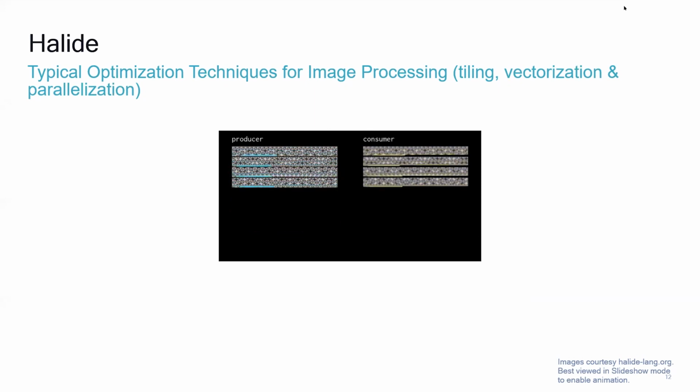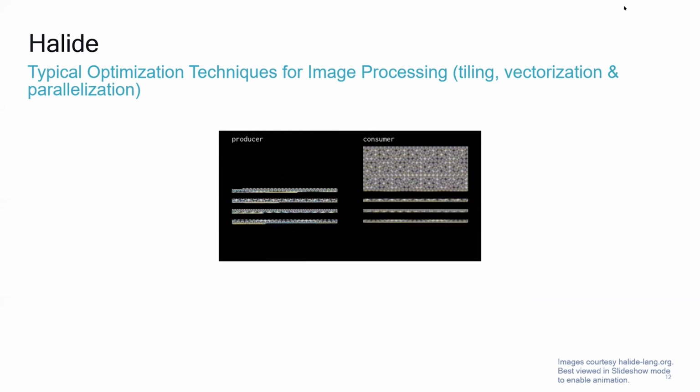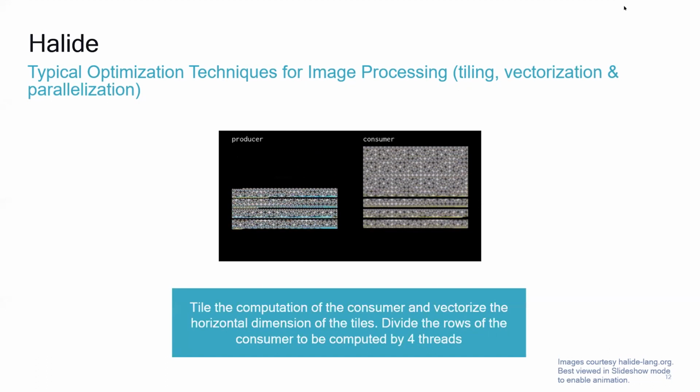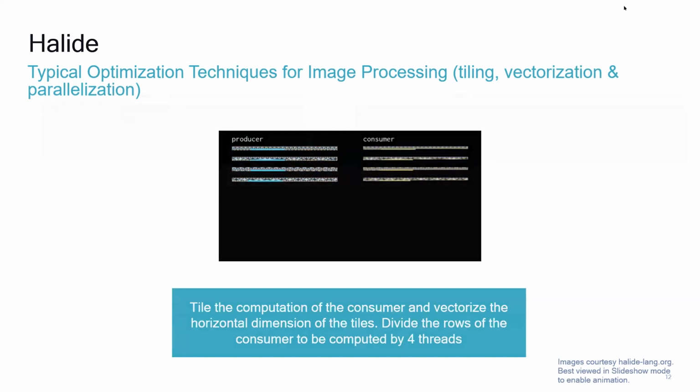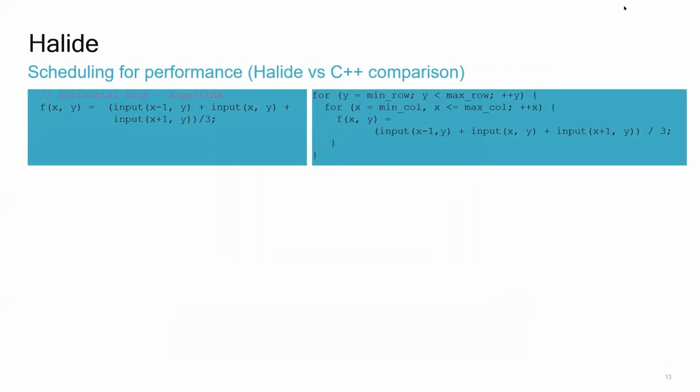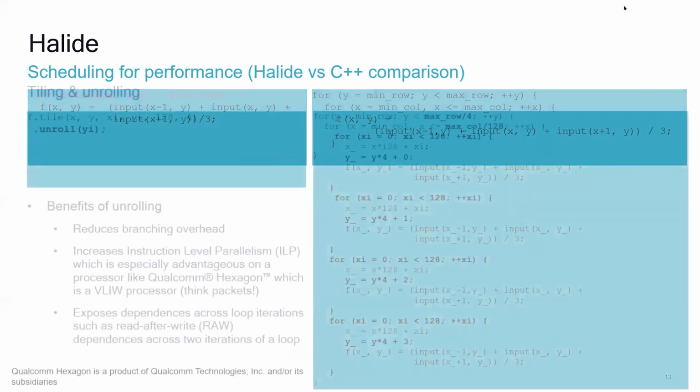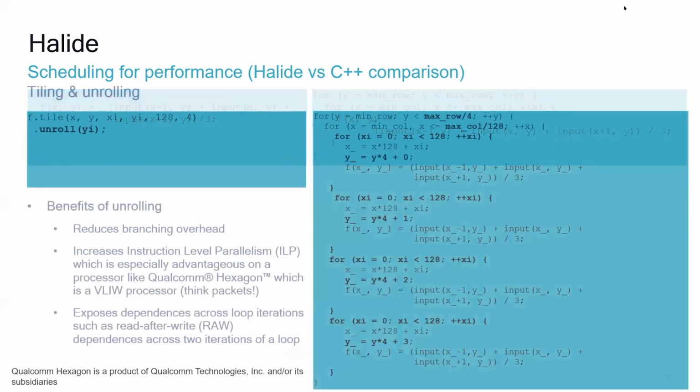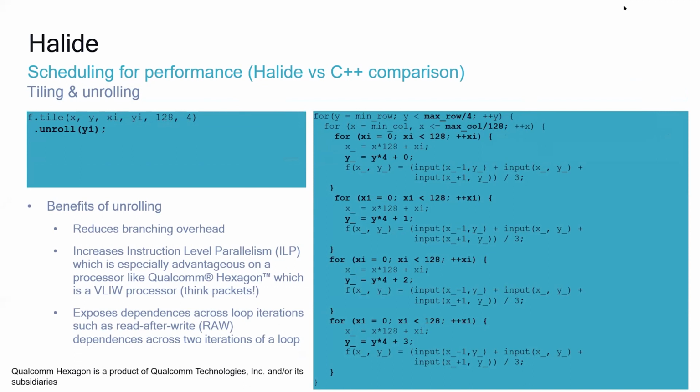Now let's look at this piece of code in C++. So Halide and C++, if you see the algorithm right now here for horizontal blur, pretty comparable. If you look at the schedule on the left side, you see we did the tile and unroll.